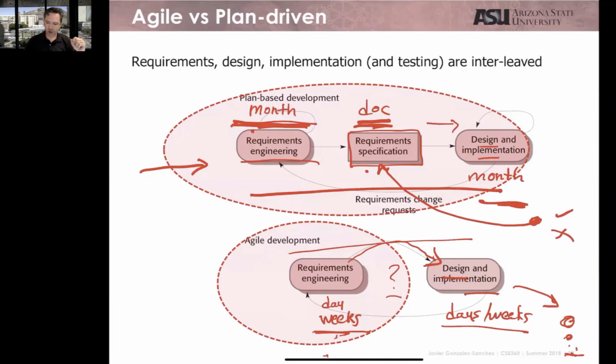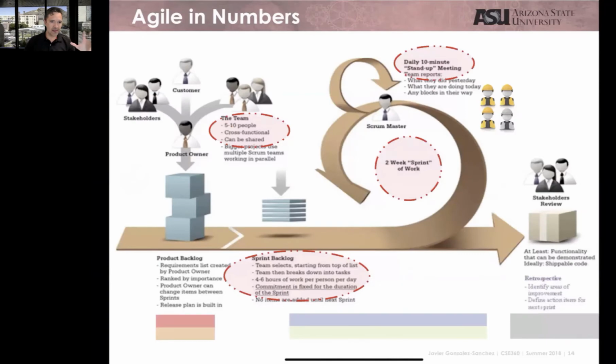Plan-based, all of the plan-based that we reviewed are here. The Agile, something like this. Now, what you are thinking is, what is the picture of the activities, requirements, planning, design, implementation, testing, delivery, if we start thinking about the Agile process model, the Agile methodology?